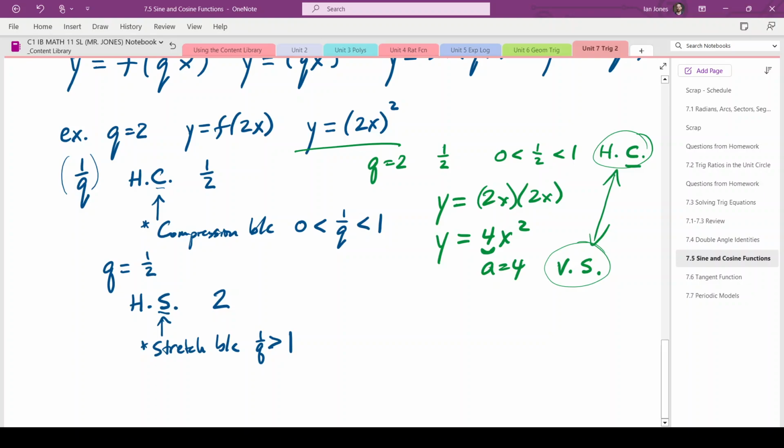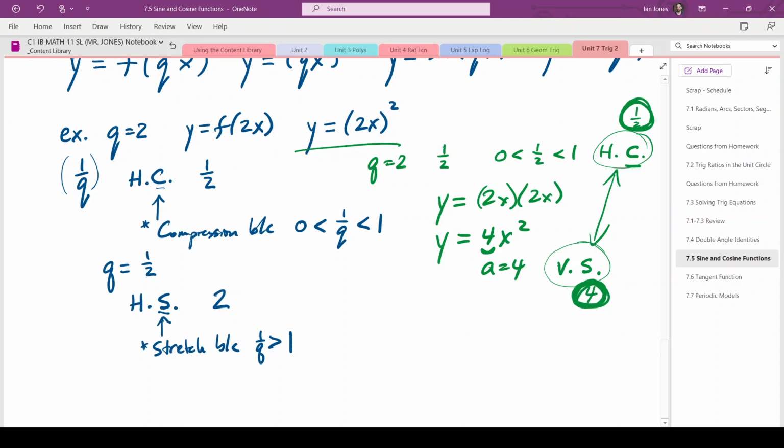They have the same effect. And in particular, when you're dealing with a parabola, a horizontal compression by a factor of 1/2 is equal to a vertical stretch by a factor of 4. The numbers that are equivalent will depend on the function. But in the case of a parabola, we can see algebraically that a vertical stretch by a factor of 4 is the same as a horizontal compression by a factor of 1/2.